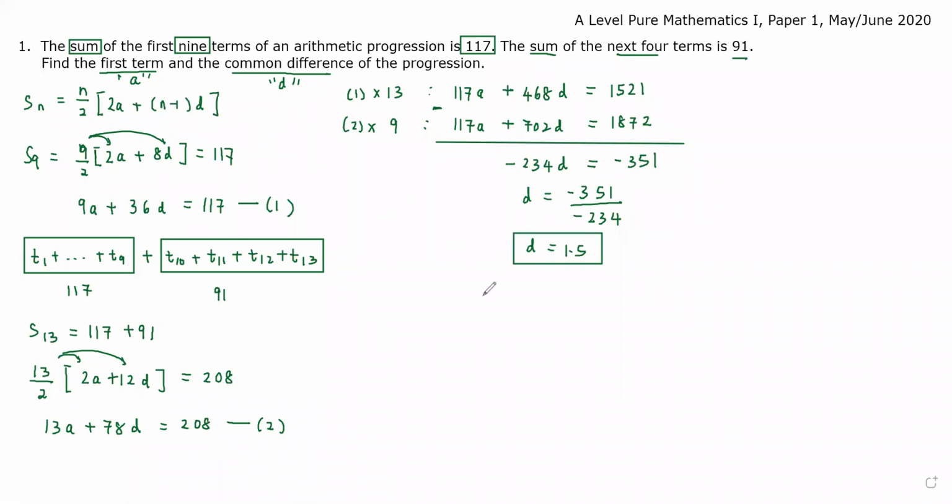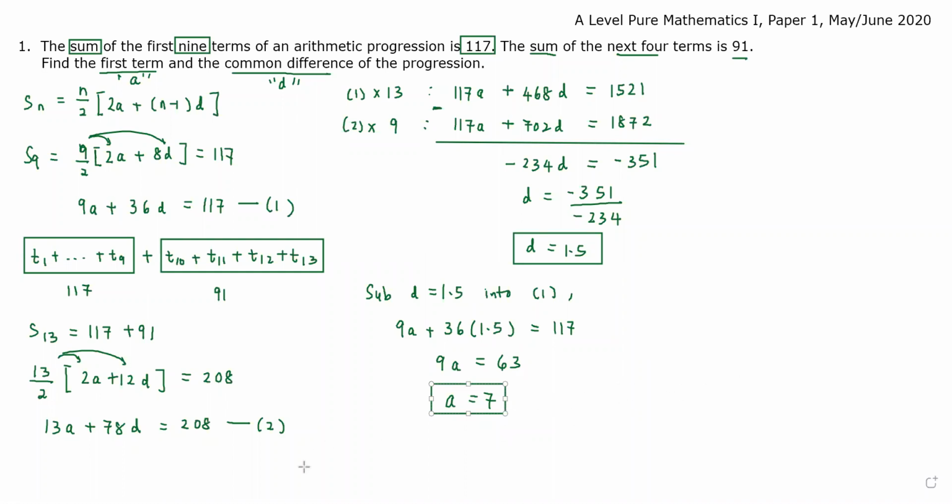To find the first term, we can substitute d equals 1.5 into equation number 1. Then we have 9a plus 36 times 1.5, this equals 117. So 9a here is 63, and a is given by 7, which is the first term. So the first term is 7.